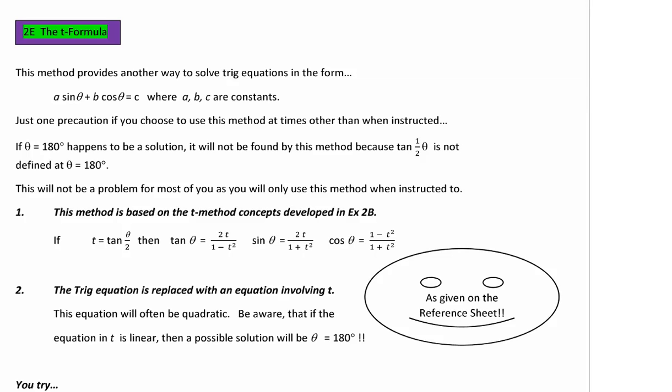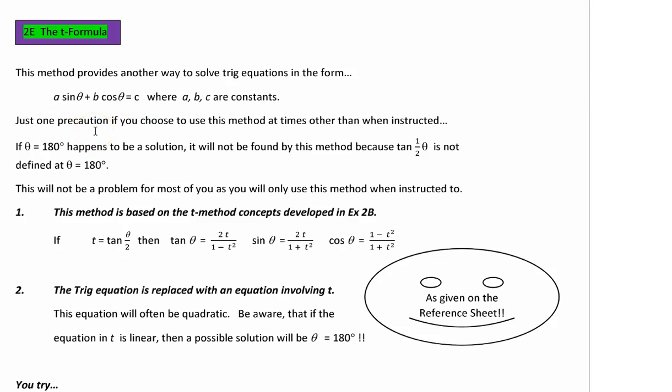This method would also be used when the equations look similar to those that we had with the previous method, in that the equations will look like something with a sine theta or x plus b cos theta or x is equal to a constant.